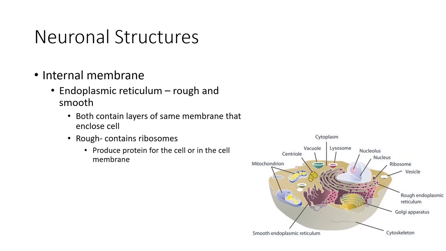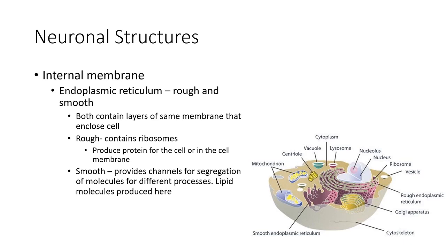So this is where protein production is happening. And the smooth ER, this outer portion of ER right here, is going to provide channels for segregation, keeping certain molecules separate for different processes that the cell needs to go through in order to survive. Also, lipid molecules or fat molecules are produced here.